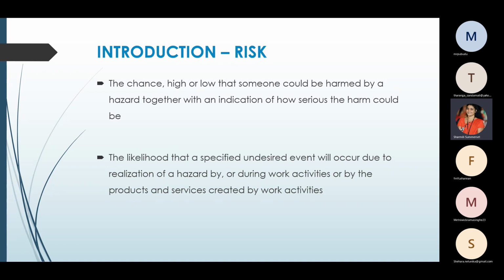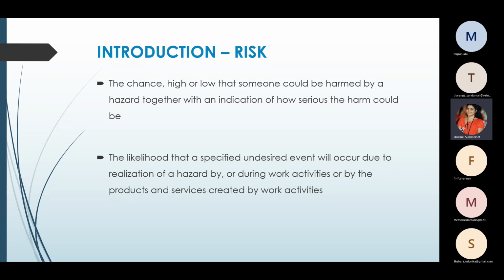Risk means it is a chance, it could be a low chance or high chance, that one can get harmed by a hazard. So risk means we are simply telling that a person has a probability, or there could be a chance of getting harmed by any object. It can be chemicals, or any microorganism, or living humans or animals.